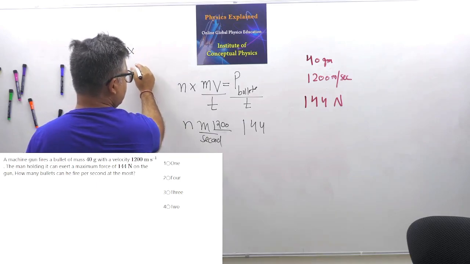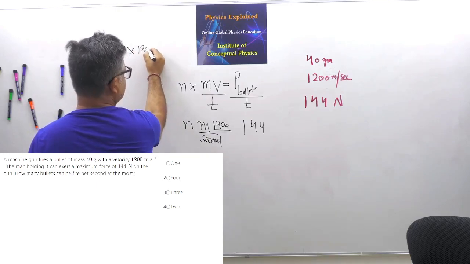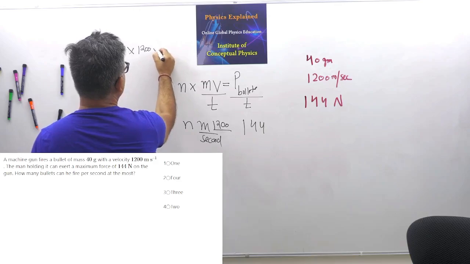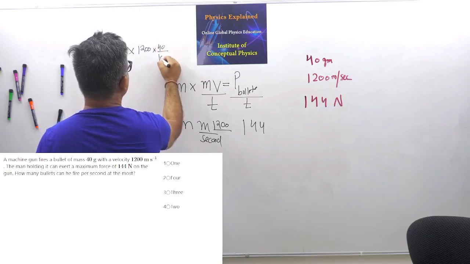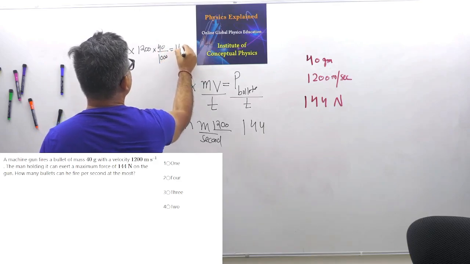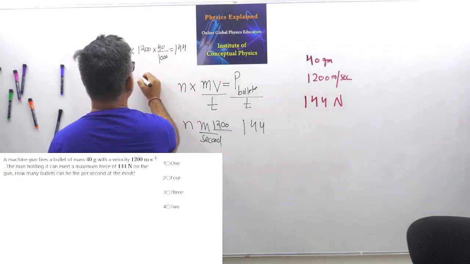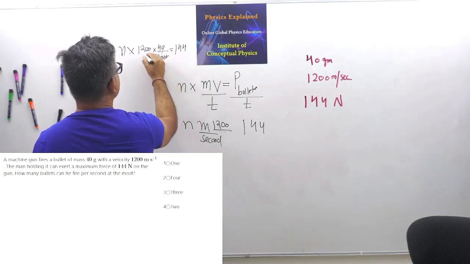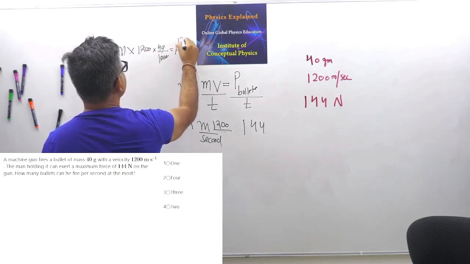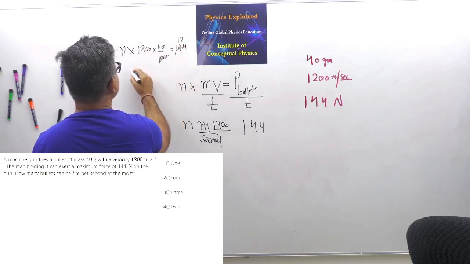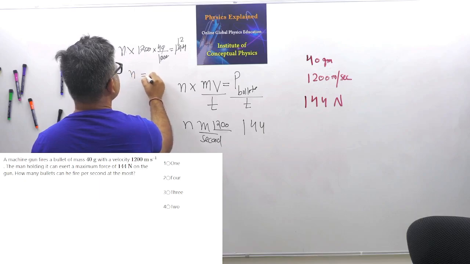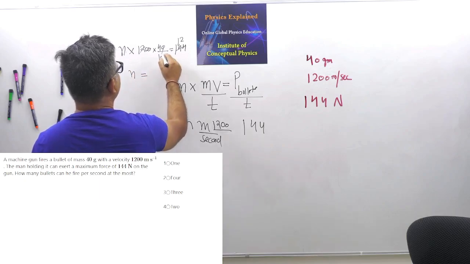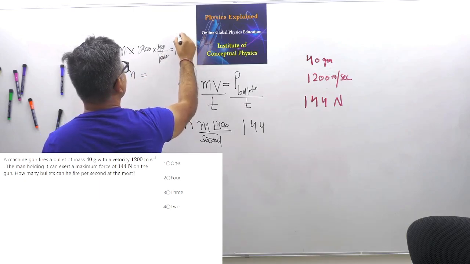multiplied by 1200 into 40 grams, so this is 40. And all we want is 144. So this is gone. This is also gone. So this is 12, 12s are gone, and n is equal to 4 into 3.